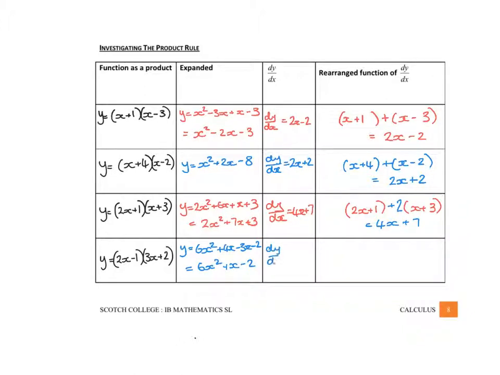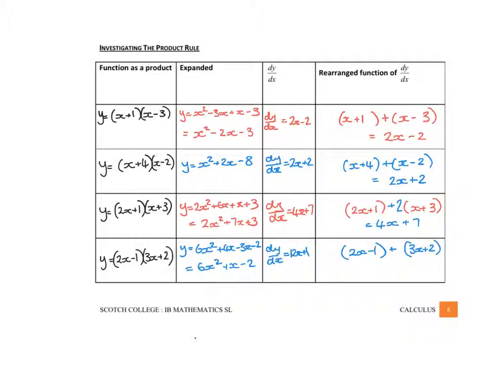When we differentiate that, we get 12x plus 1. Writing out the two brackets as a sum, by adding them, we would get 5x plus 1, which is not what we want.